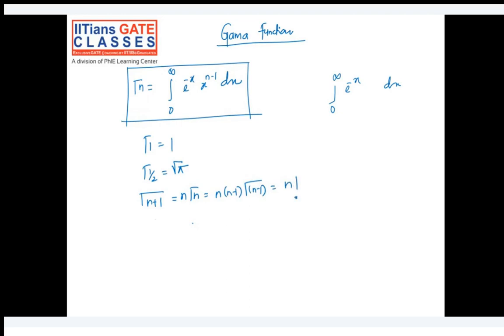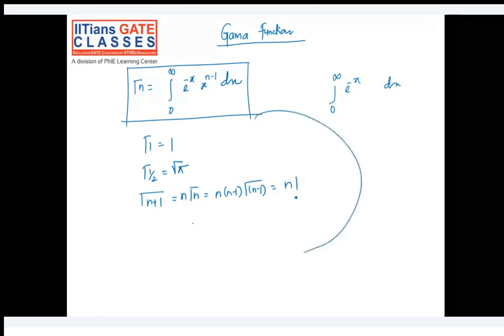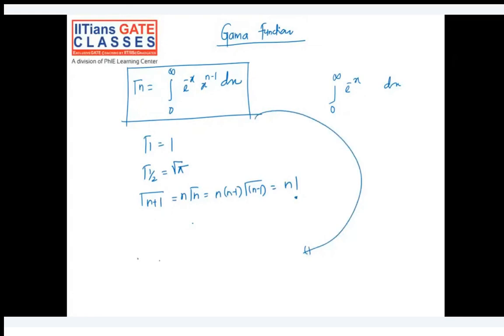And just a modified version of this is integration 0 to infinity e to the power minus ax, x raised to the power n minus 1 dx is gamma n divided by a raised to the power n.